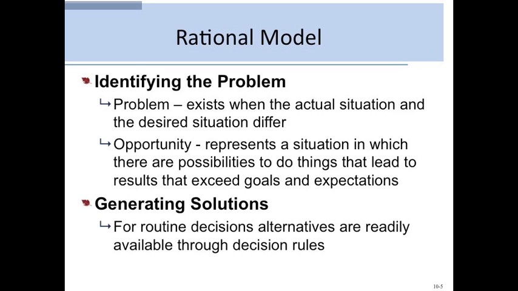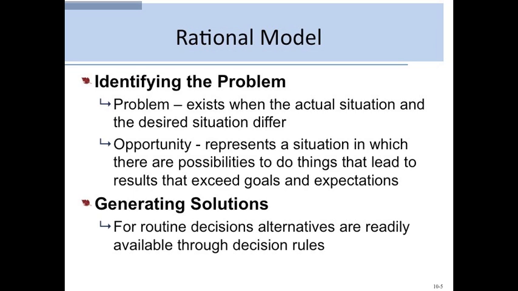But problems or issues can also be things that are not necessarily problematic right now. They're not necessarily going wrong, but there are areas for which the organization can improve, or there are distinct opportunities that can lead to even greater outcomes and greater performance. Those, in fact, can also be issues that we would like to find solutions for.